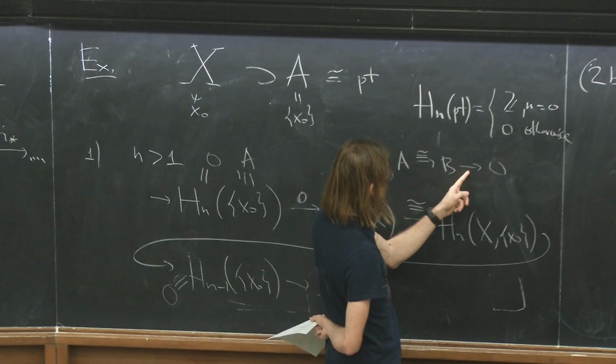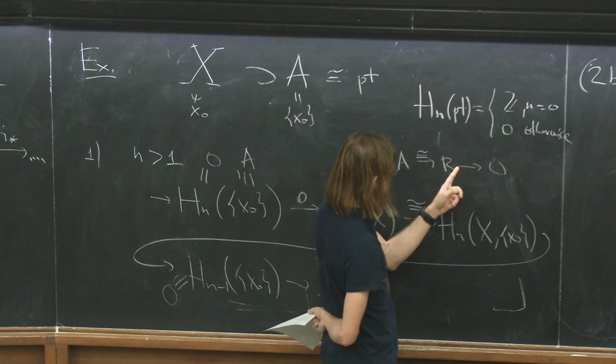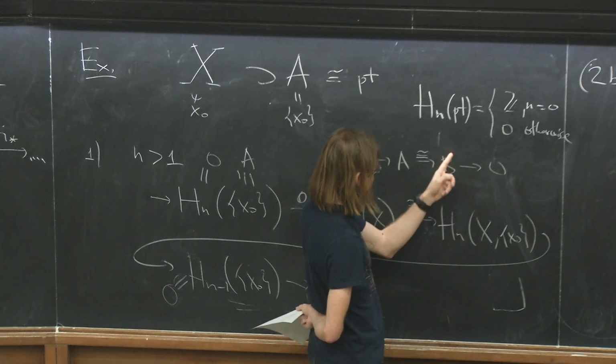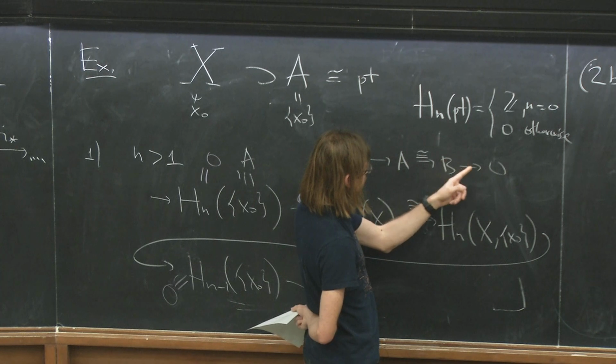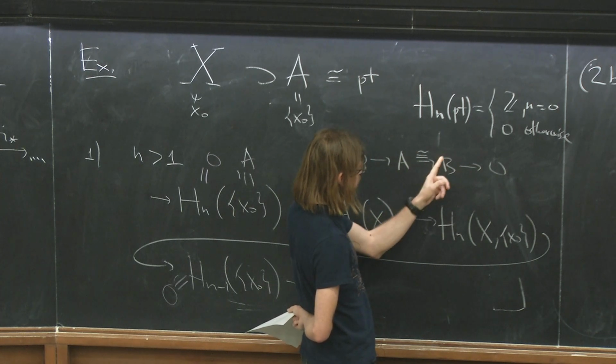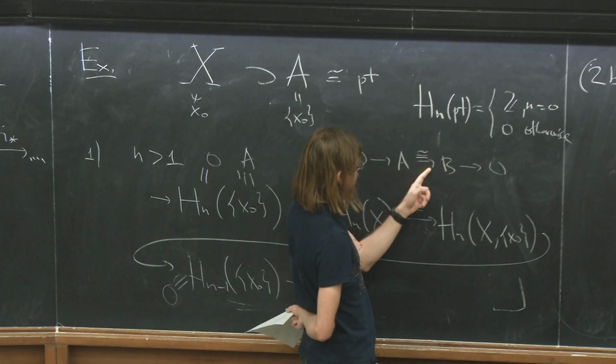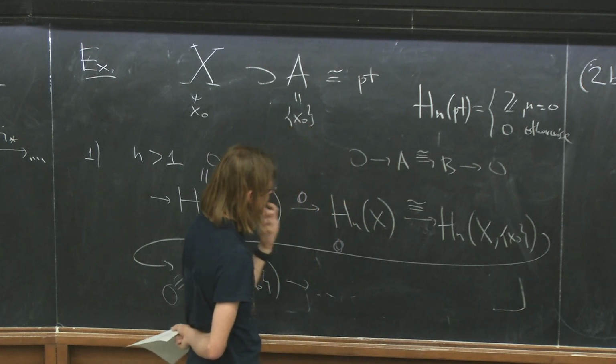On the other hand, this map is also trivial, so the kernel of this map is the whole space here, but the kernel should be the same as the image of this map. This means that the image of this map is the whole space, so this map is surjective. We showed that this map is both injective and surjective, so it is an isomorphism.